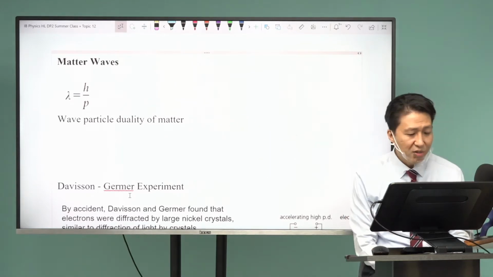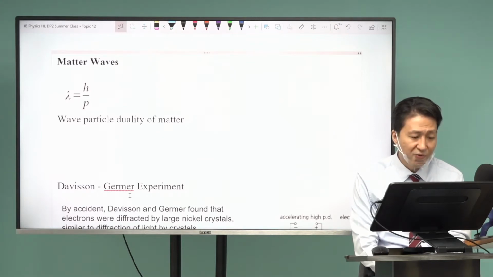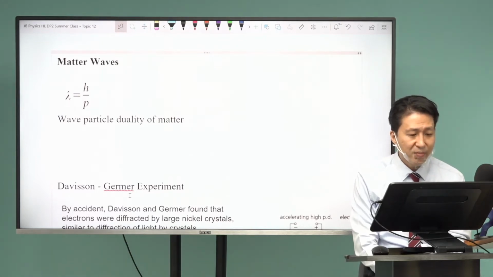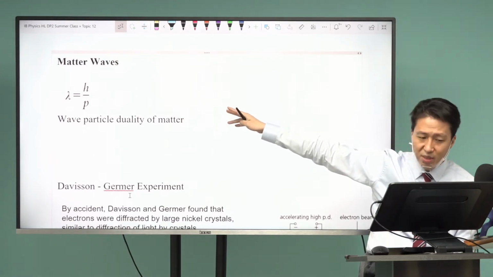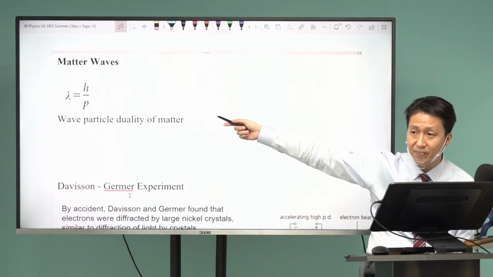So now the thing is, we have to test this. We should test if particles also behave like waves. How could they? They're just particles. So they got this experiment. They say, okay, this should be the wavelength. It depends on the momentum.